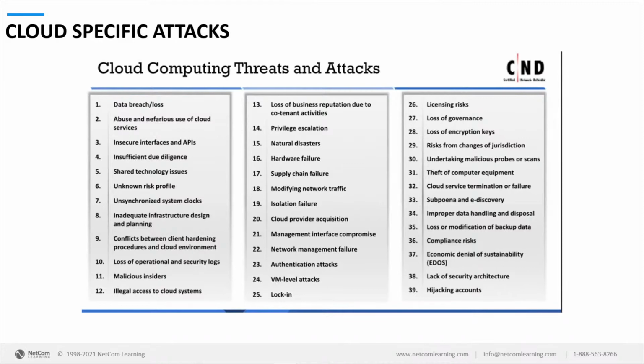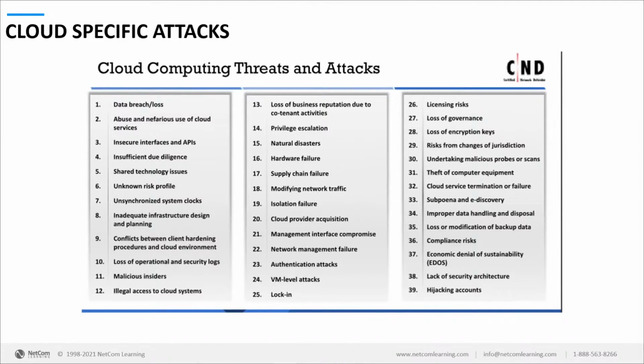Cloud provider acquisition: is the technology proprietary? What's your service level agreement telling you? Management interface compromise: somebody got in your management interface and you didn't have it protected. Authentication attacks, VM level attacks, more or less. Is it possible from the hypervisor to get in there?